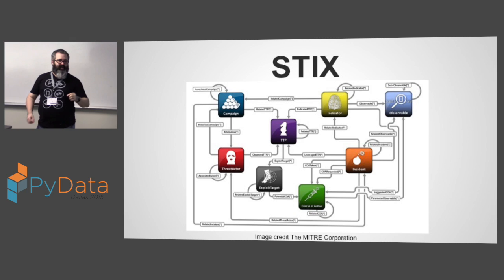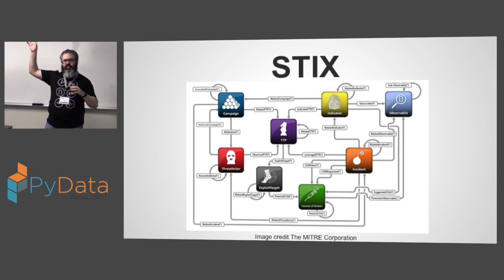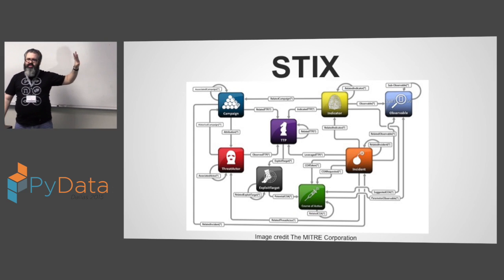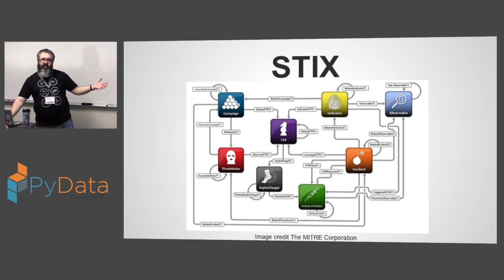An observable is something that you can actually see on a system or a network. So an IP address or a user agent or a named kernel lock, like a mutex, right? And now you store these things and you pivot on them. And this is where you do some of this, and now you have a better database of what you're looking for in terms of your adversaries, your threat actors.